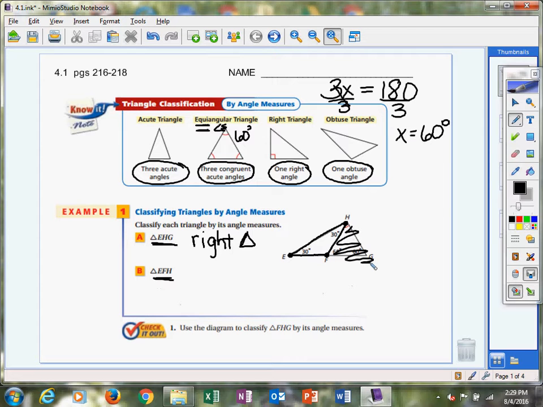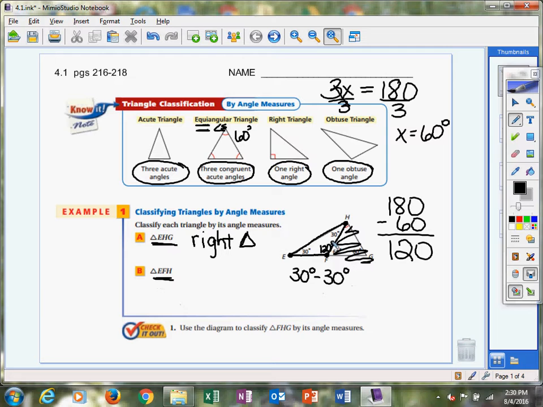So we're looking there, and we really do want to make sure that we can see clearly what the angle measures are. 2 of them are 30 degrees. 30 plus 30 is 60. If we take 60 away from 180, which is the sum total of all 3 angles, we're going to be left with 120 degrees.